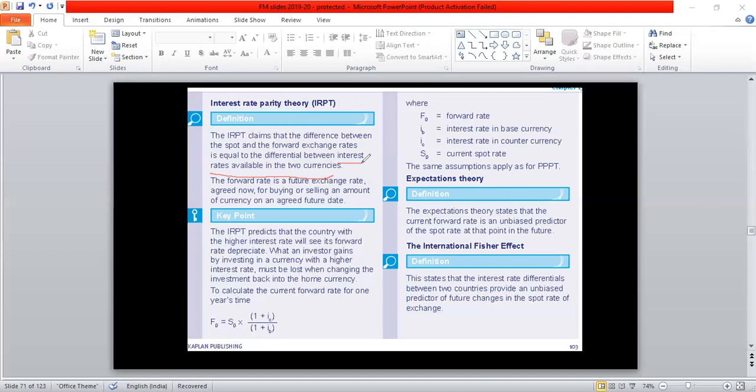The forward rate is the future exchange rate. As on the future date, the rate at which the transaction will be fulfilled is the forward rate. So the forward rate is the future exchange rate agreed now. Now only they decide the rate. Let's say a farmer decides that per bag of wheat, he would be selling it at 100 rupees. Some example I'm giving.